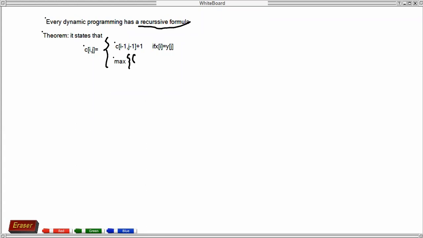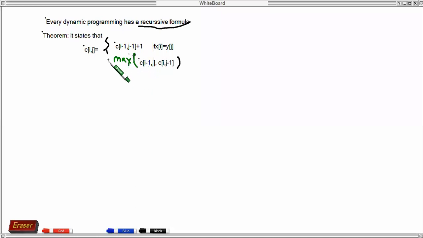We have to find the maximum of these two.